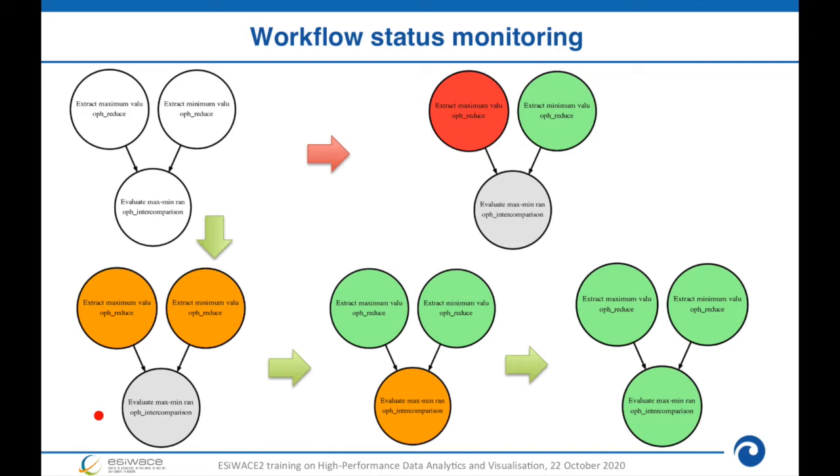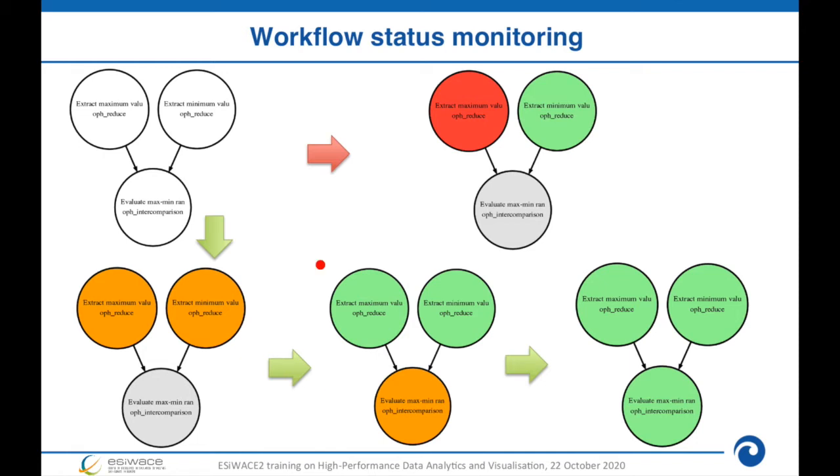And what can happen then is that if the tasks are completed successfully, they're colored in this green color, and the third task can now start, since the two on which it depends are completed.